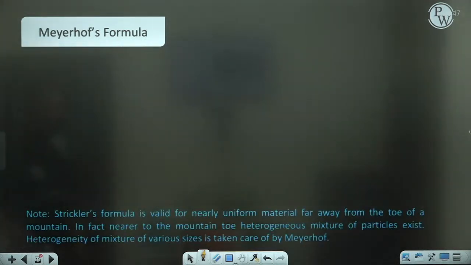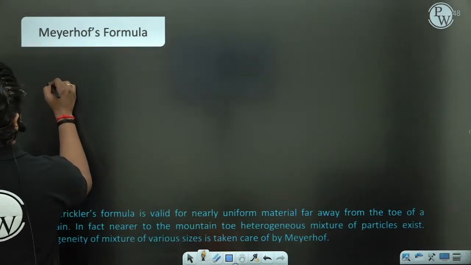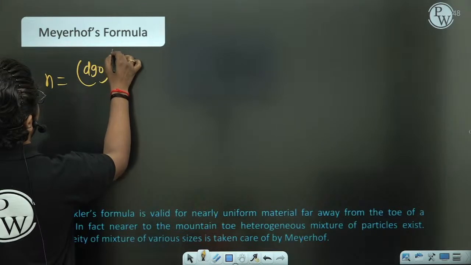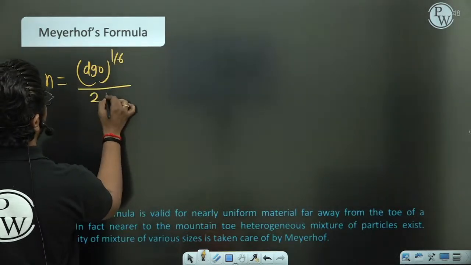Another formula is the Meyer-Peter formula. Here the formula is d90 to the power 1 by 6 divided by 26.